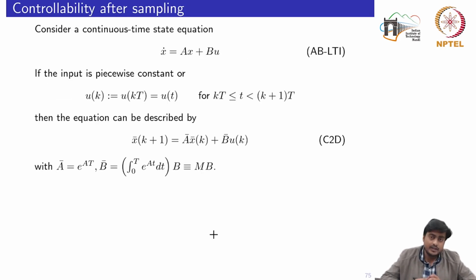So an additional result we have on controllability. In the first week we discussed the continuous to discrete time transformation given a continuous time system. We need to sample our system at some sampling time T to finally obtain this discrete time system.